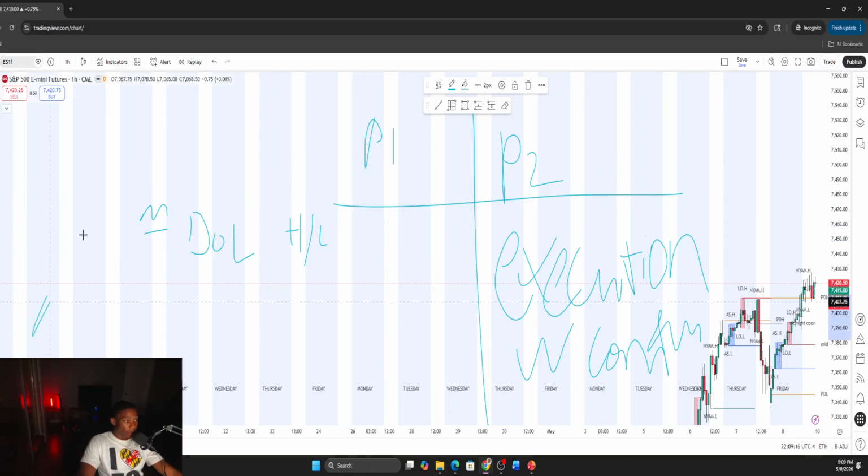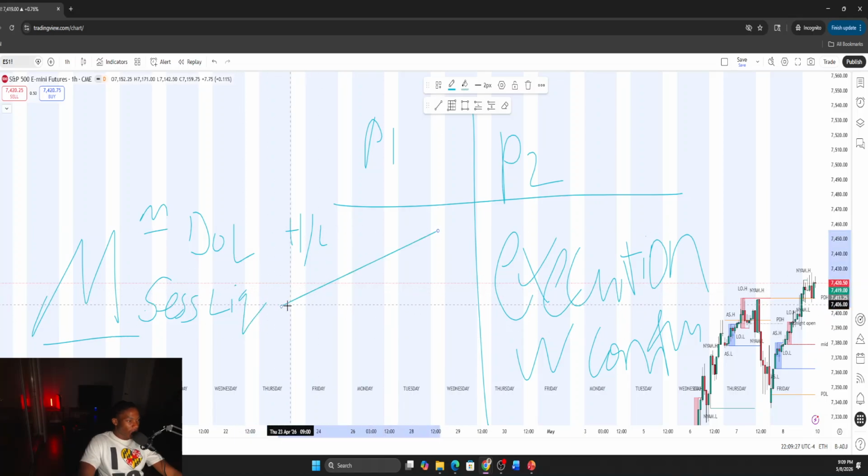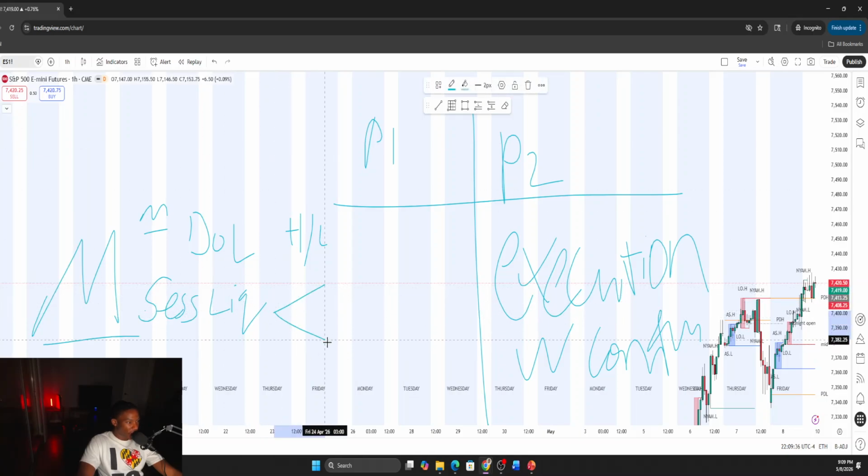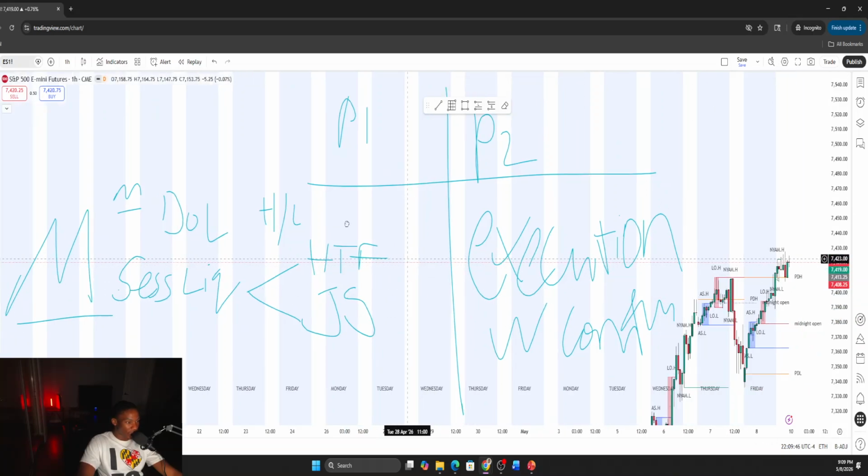But our major part of it is going to be us finding the session liquidity that's already populated on our charts, and then looking for these two brackets, which is going to be price either taking session liquidity while inside of a high time frame fair value gap, or the Judah swing, which has to do with those new times that we just added to our chart.